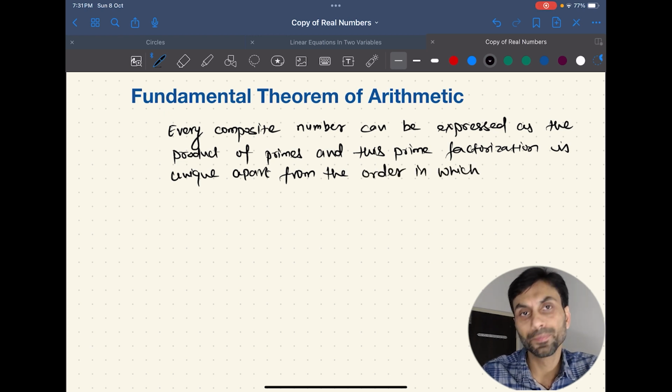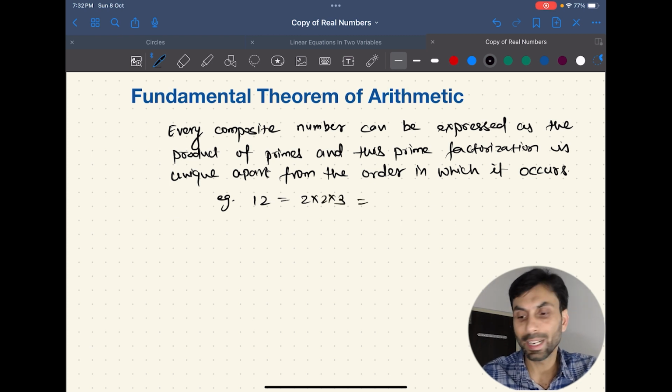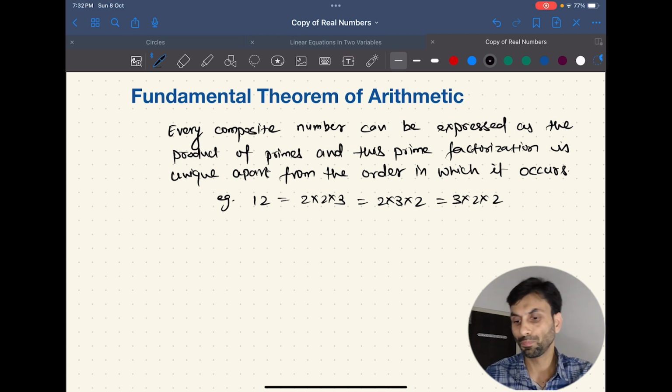in which it occurs. So what is the meaning of order being meaningless? Suppose you are writing the number 12. We can write it as 2 into 2 into 3, or 2 into 3 into 2, or 3 into 2 into 2.